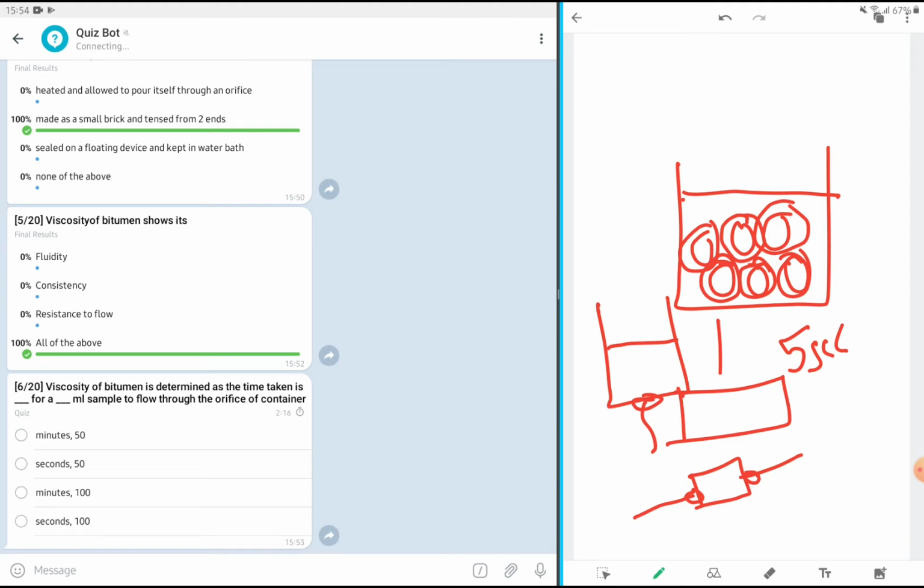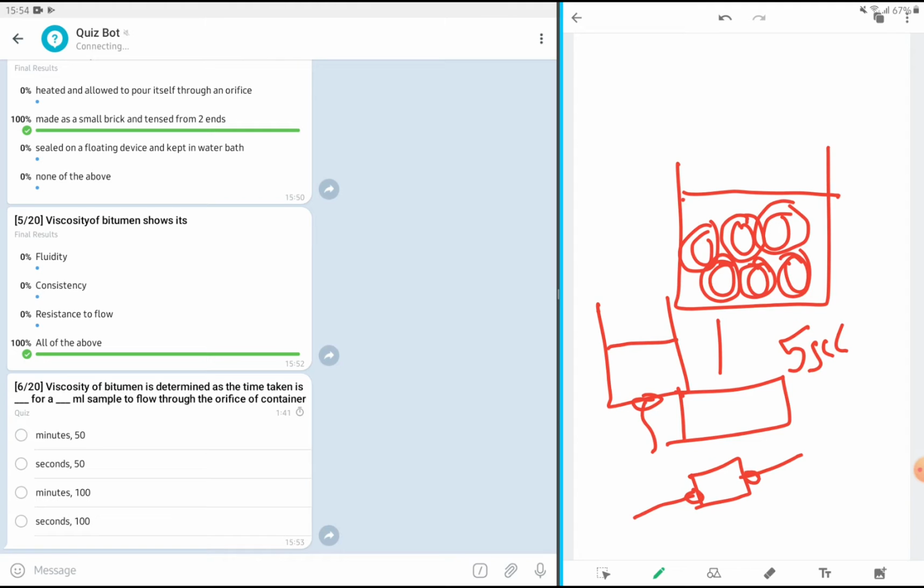For example, let's say one bitumen sample pours down through the orifice in 10 seconds, and another sample flows through that orifice in 20 seconds. The sample that took 20 seconds will be more viscous, and the first sample, which took only 10 seconds, will be less viscous. Therefore we have to provide the timing and how much ml of sample we take.